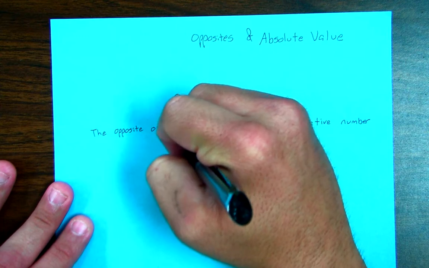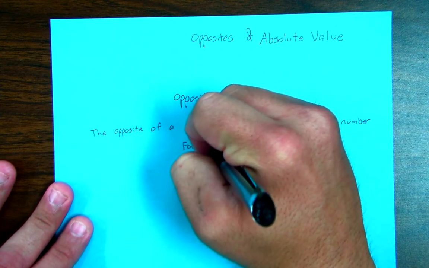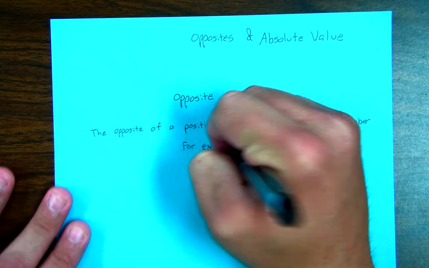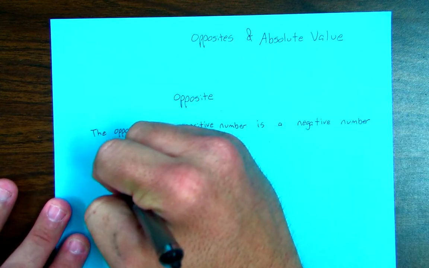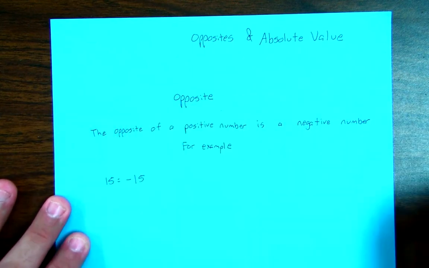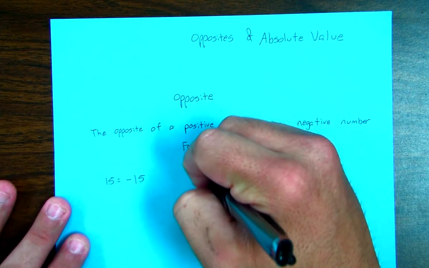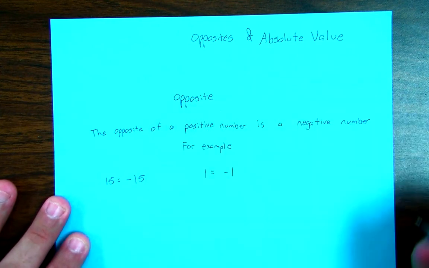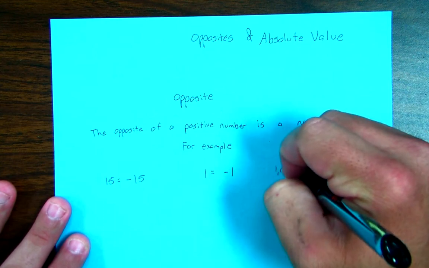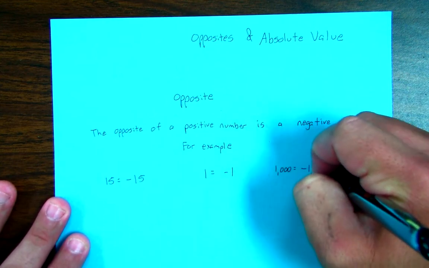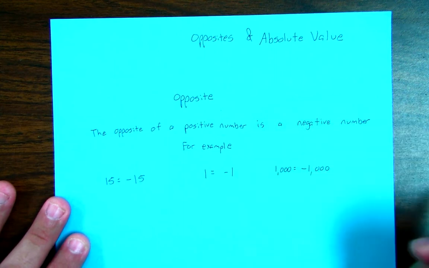For example, the opposite of 15 is negative 15. The opposite of 1 is negative 1. The opposite of 1,000 is negative 1,000. That's literally it.